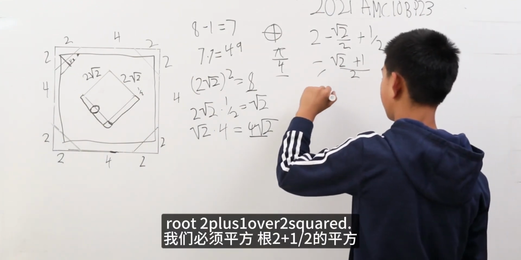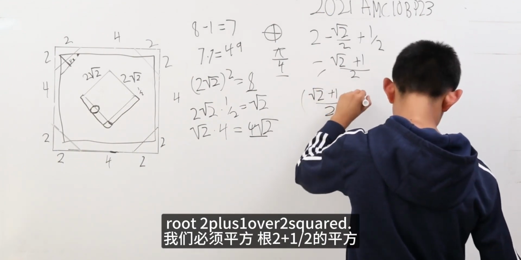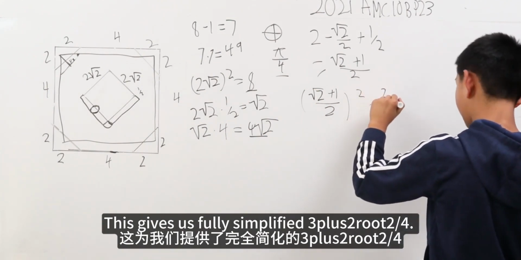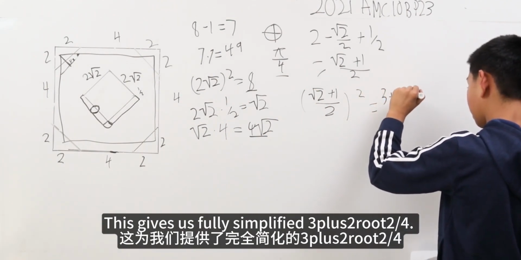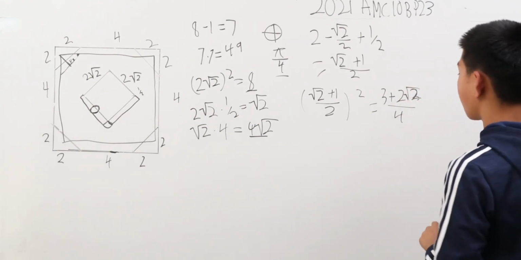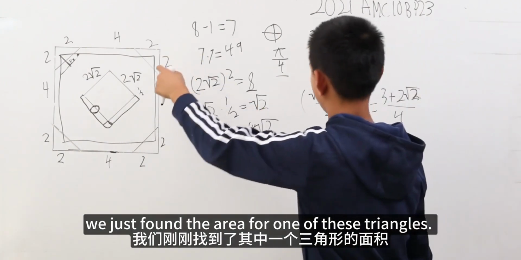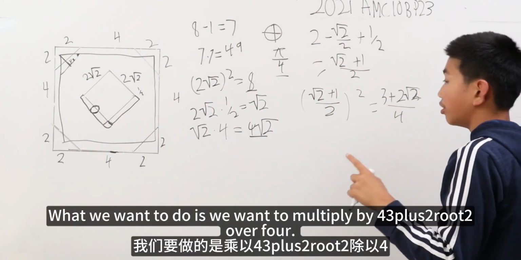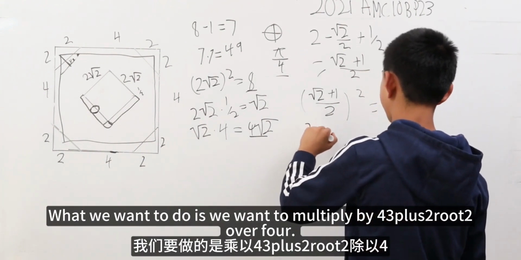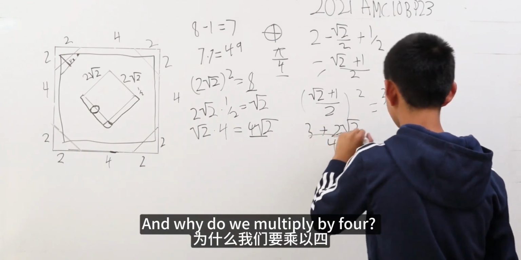So ((√2 plus 1) over 2) squared gives us, fully simplified, (3 plus 2√2) over 4. Now, we just found the area for one of these triangles. What we want to do is multiply by 4. And why do we multiply by 4?